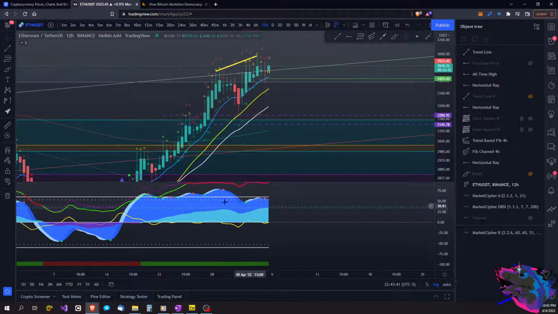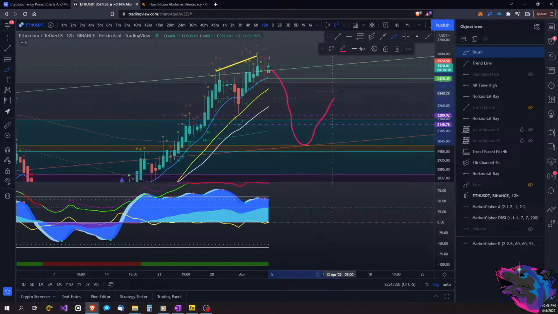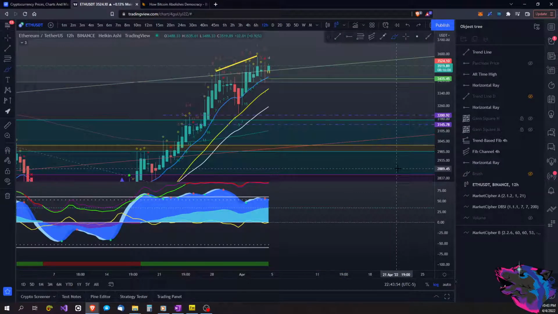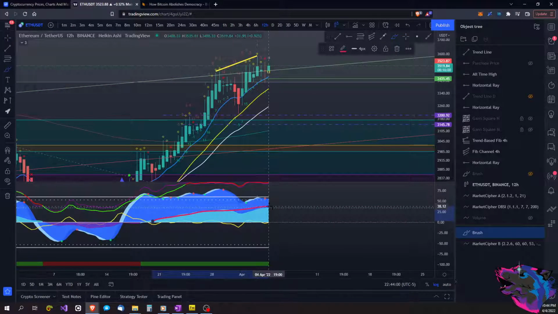We're up here on a 12-hour, you're seeing these big waves and fairly big divergence right there. You might be thinking, okay, we should see a pretty decent pullback, maybe to this golden pocket over here. But if money flow continues to increase, you probably won't see that, at least not yet.